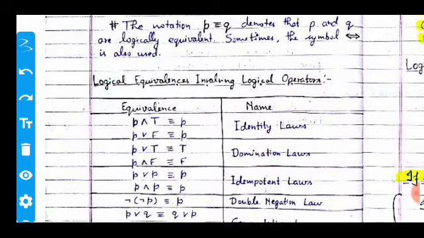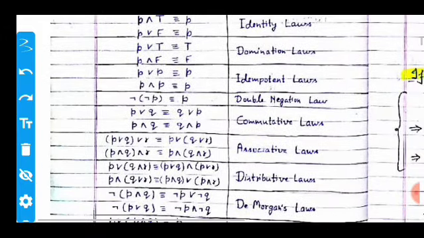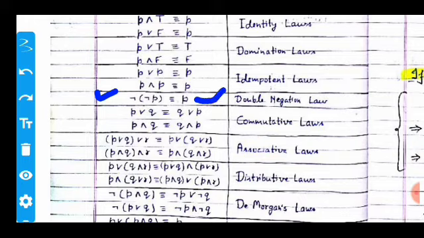This is called the idempotent law. Now come to the double negation law. When we doubly negate any value, it represents the value itself.